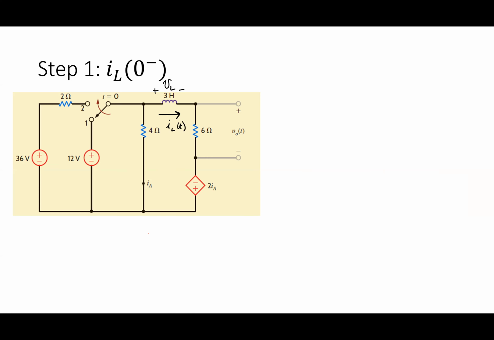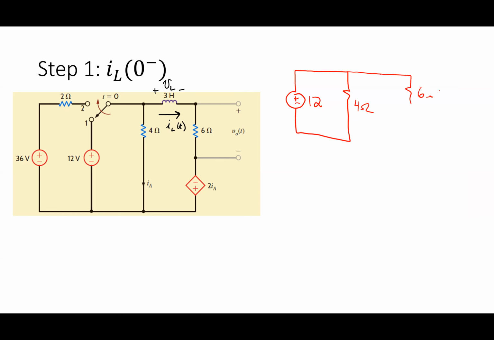So that 36 volts and the 2 ohms over there, do they mean anything in this circuit? They don't. All right, they don't mean anything. So basically this guy, I got a 12-volt source. I got 4 ohms over here. The inductor you guys said was a short.